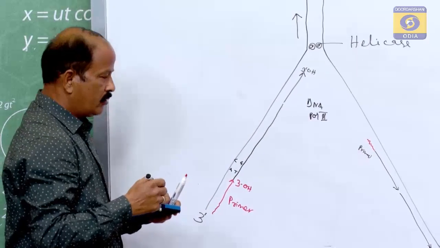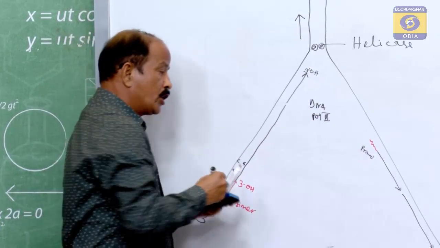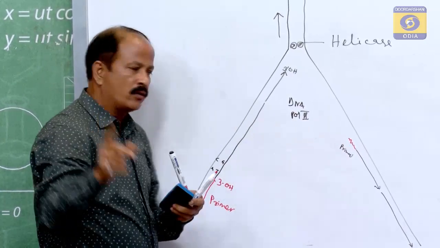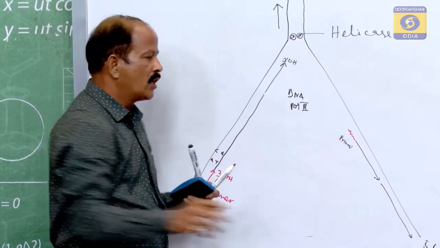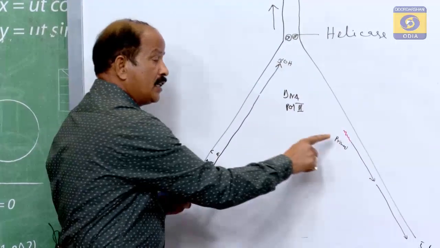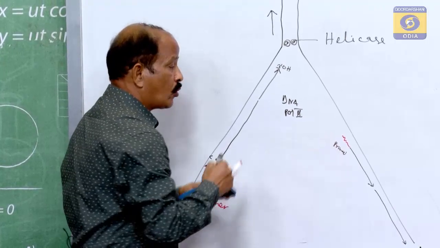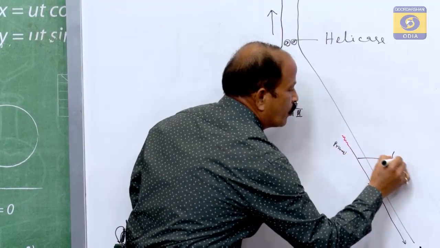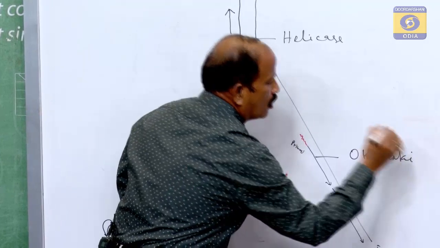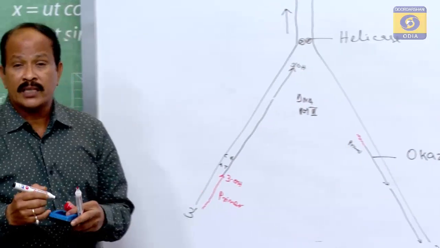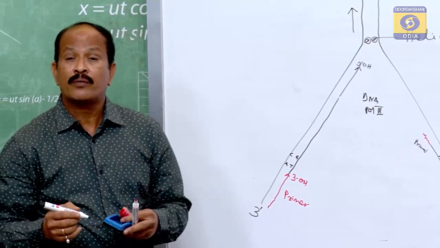What I mean to say is, in the discontinuously synthesized strand, small segments of nearly 2000 nucleotides are synthesized, and each segment is called an Okazaki fragment, because it was discovered by Reiji Okazaki of Nagoya University of Japan.